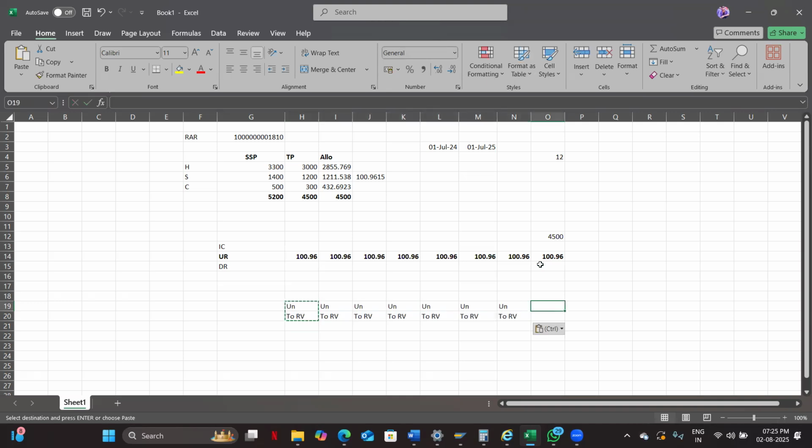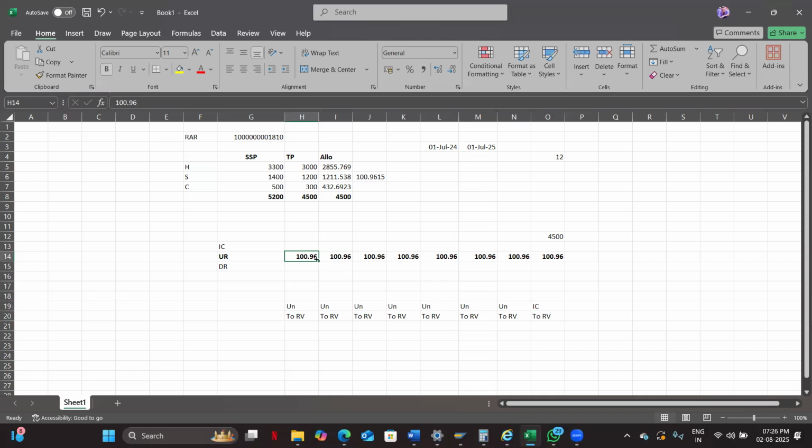So here the customer has paid. Two entries happen. The first entry is our IC value to RV value, 100 rupees. Then one more entry happens: the unbilled revenue that was already recognized needs to be given back to the unbilled account.